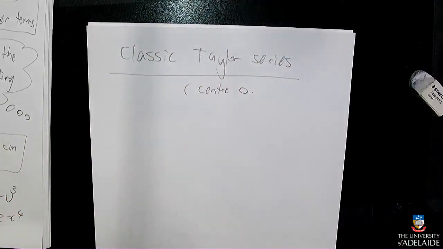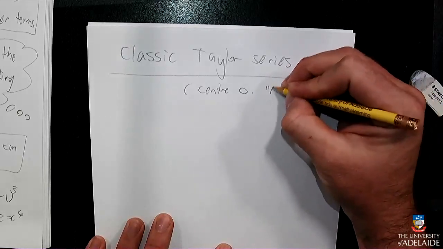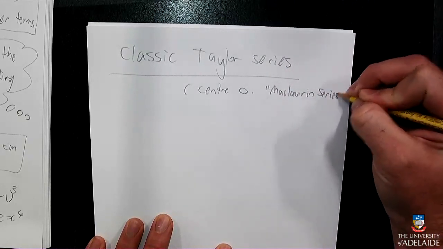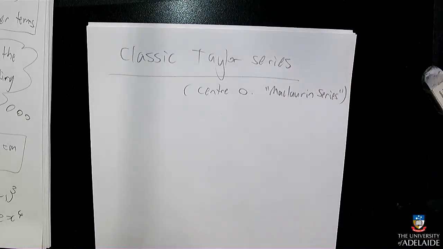And you should know that a Taylor series with centre 0 is sometimes called a Maclaurin series, because Maclaurin did this at around the same time as Taylor, with just 0, apparently. Anyway, someone decided that he needed glory, and so we call the ones with centre 0 Maclaurin series. Just in case you're Googling things, and it says Maclaurin series, you don't need to get freaked out when it calls it that.